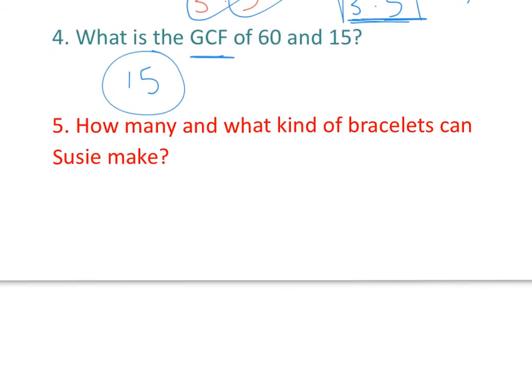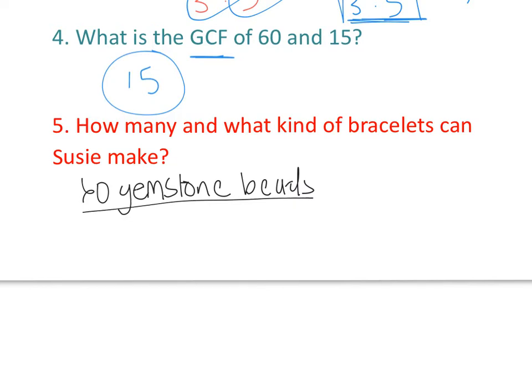So she has 60 gemstone beads, and she also has 15 glass beads. If we read above again, she wants each bracelet to have only one type of bead and all the bracelets to have the same number of beads in them.